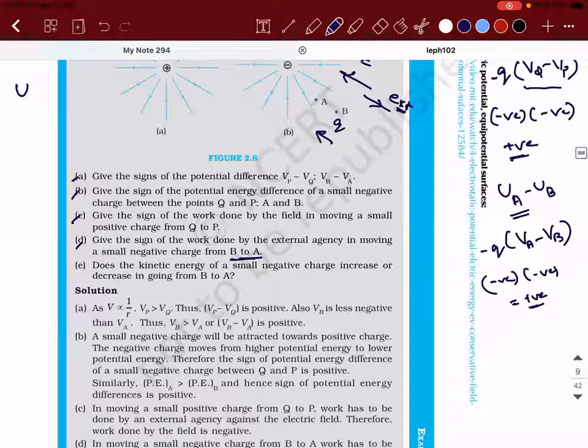Similarly, when they ask you about work done, the best way to solve any problem based on work done is to first identify the force and give a direction to it. Secondly, observe the direction of displacement. What did I tell you? First, observe the force due to which they are asking us to calculate the work done. Then assign a direction to it. Then secondly, take the direction of displacement.